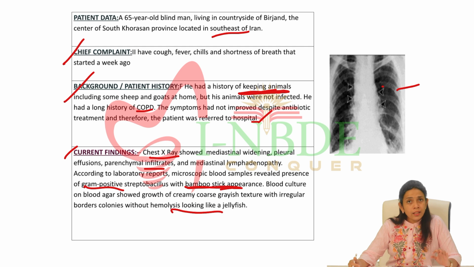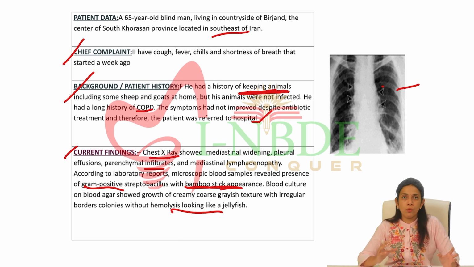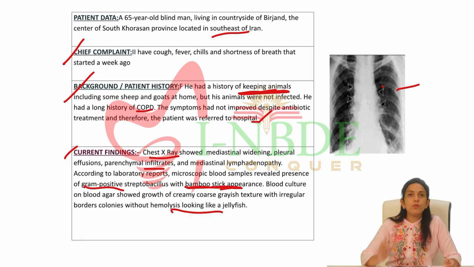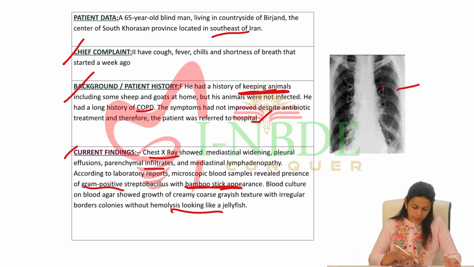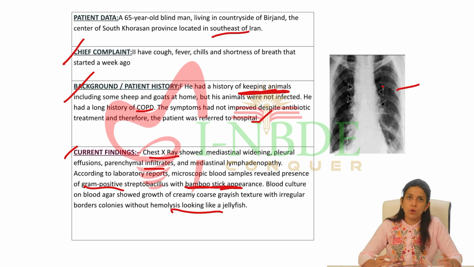And in the current findings, that is the chest radiograph, what you have observed is a mediastinal widening, which is a very important key point. And then a culture is taken and there's a bamboo stick appearance. So this is a combination of oral pathology as well as microbiology. This bamboo stick appearance you see in a bacteria. Already it is given as a gram-positive streptobacillus, so it is very clear that it's a bacterial infection again.